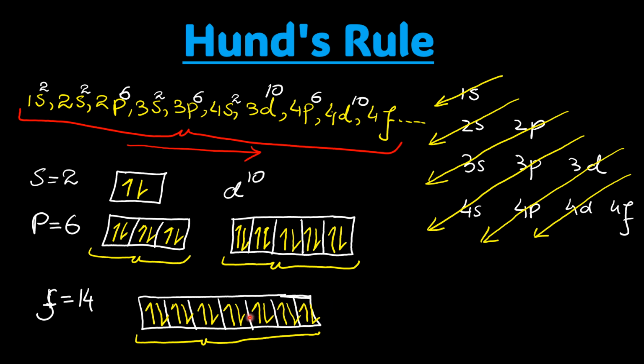So in this way, the orbitals of the subshell of an atom are filled by electrons. So now, dear student, let's do the electronic configuration for a few elements in order to understand Hund's rule.